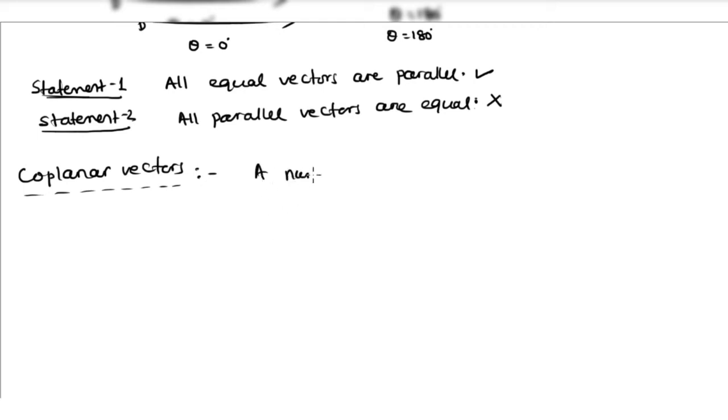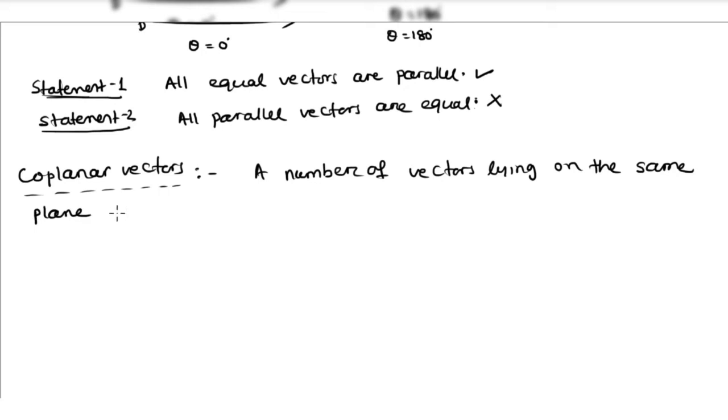A number of vectors lying on the same plane are said to be coplanar vectors.